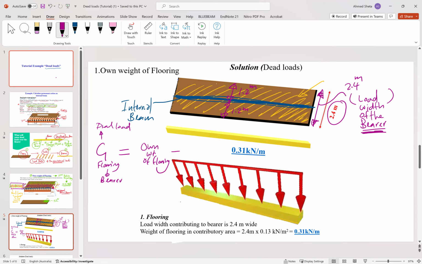So G flooring will be 0.13, and be careful with the unit. So kilonewton per square meter times the load width. How much is the load width? 2.4 meter. This will give us the load as 0.31 kilonewton per meter.